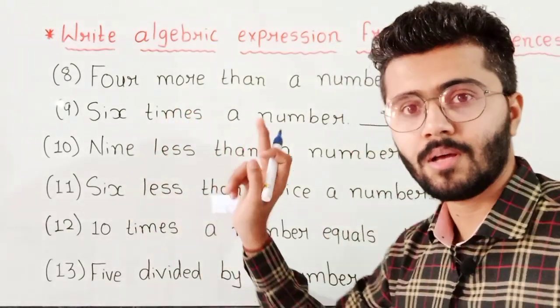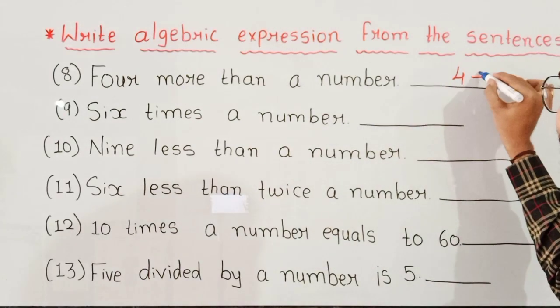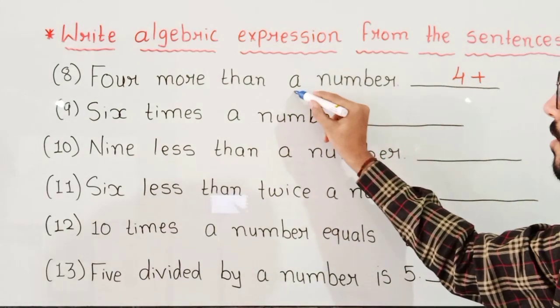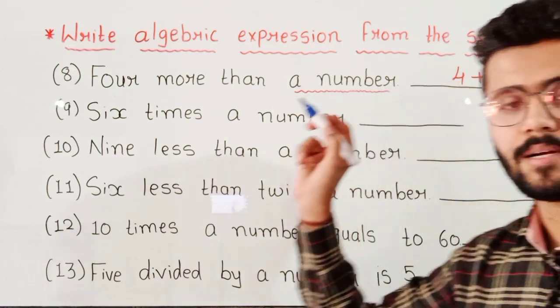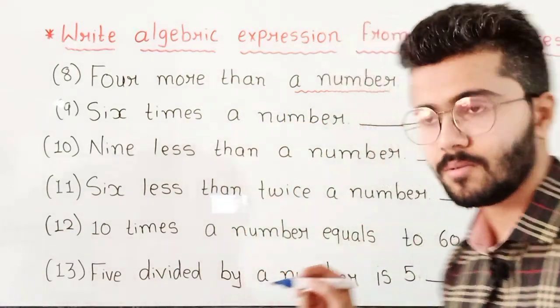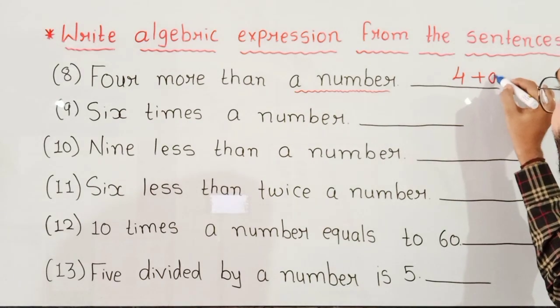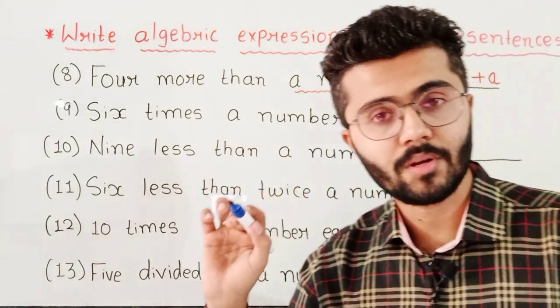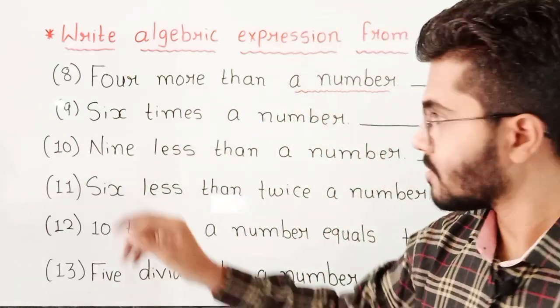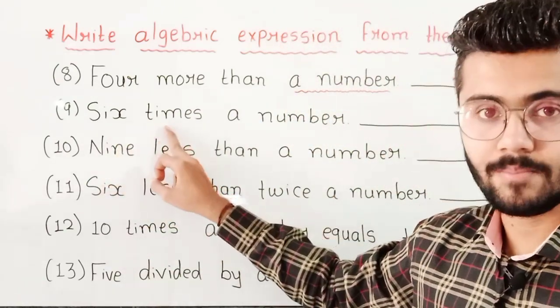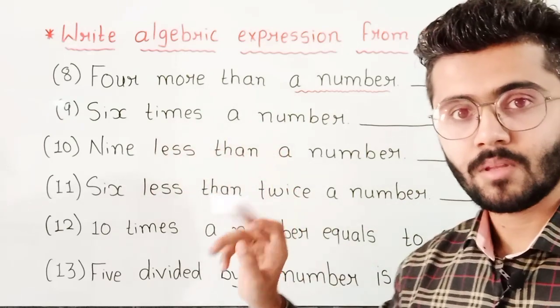So 4 plus. A number can be any number. You can choose x, y, z, a, b, c as we discussed. So 4 plus a, or you can write a plus 4. That is also correct.